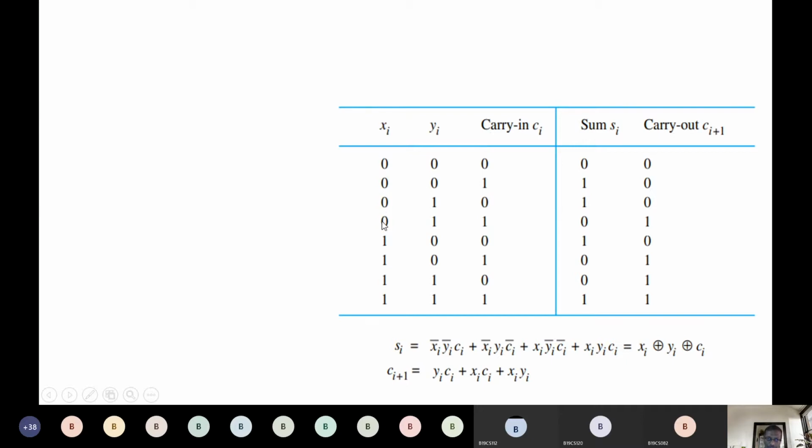We have 8 combinations, 4 and 4. All 3 zeros, 001, 010, 011 and so on. One will be the X value, the other the Y value, and the third the carry. When we add these 3, we get the sum Si.